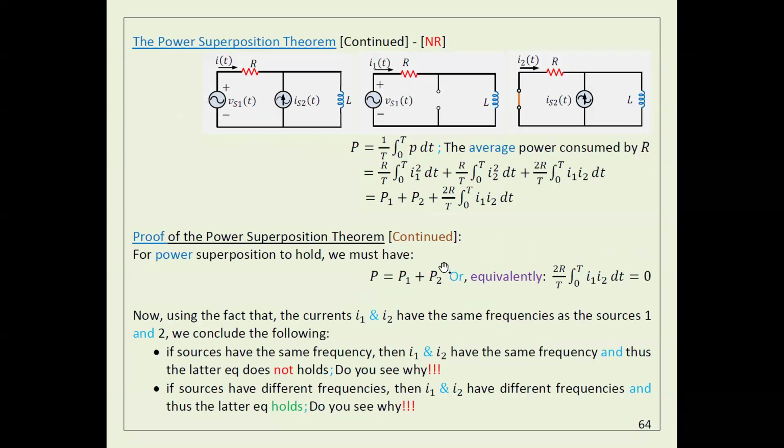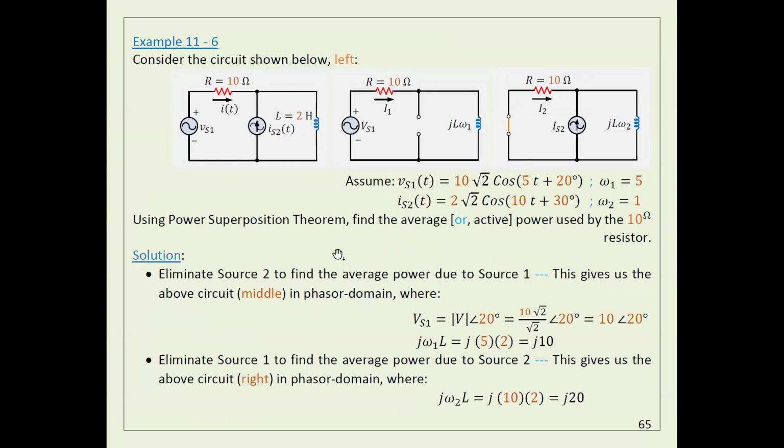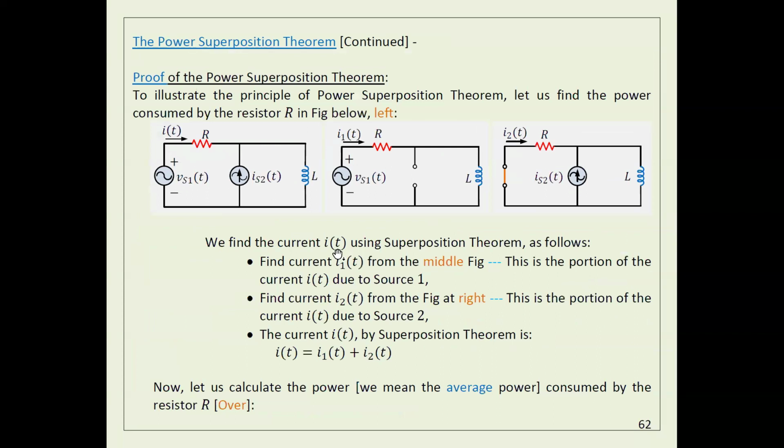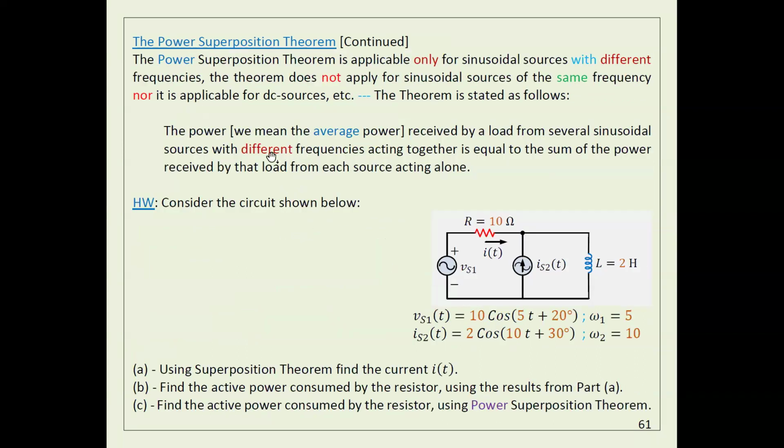The conclusion is that the average power received by a load from several sinusoidal sources with different frequencies is equal to the summation. If I have multiple sources with different frequencies, only the average power received by the load should equal the summation.